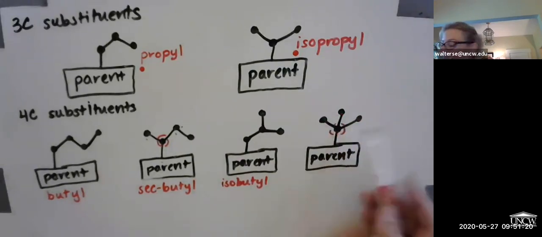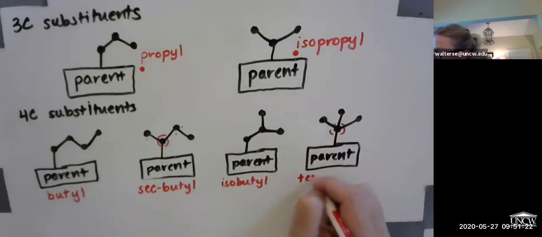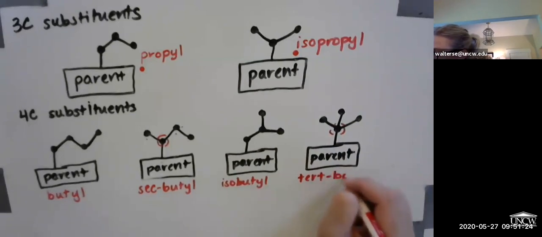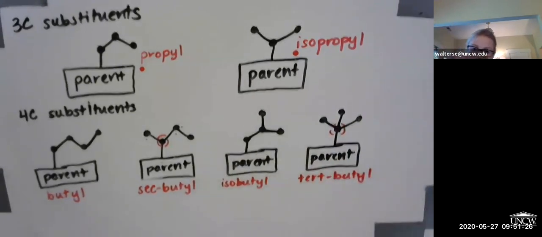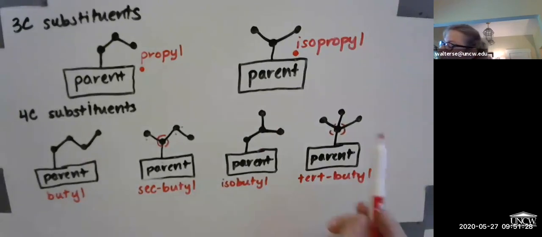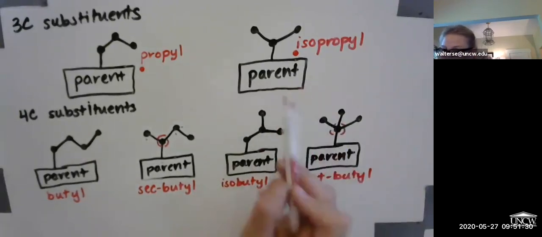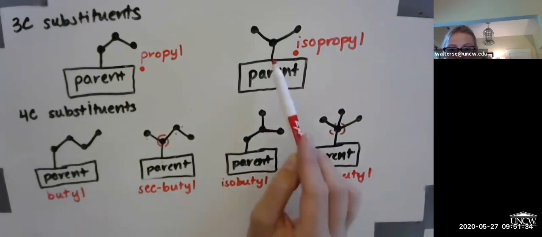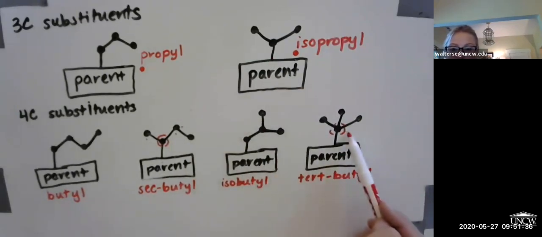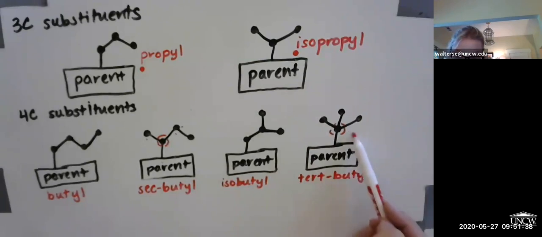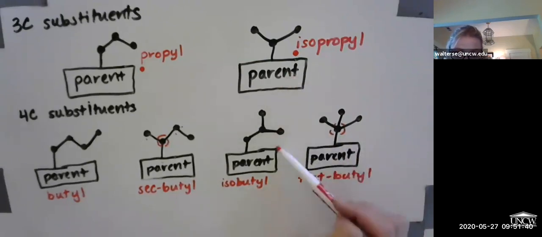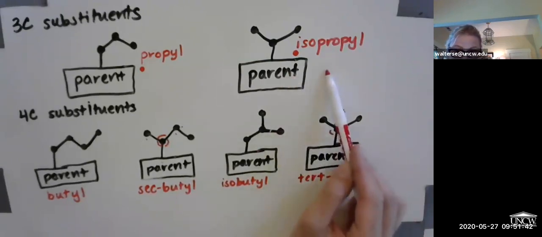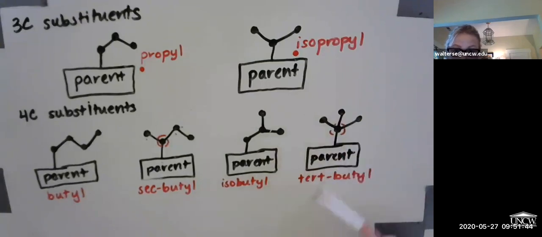So this is considered tertiary butyl. Okay. So if it looks like a Y shape, it's iso. This to me looks like a chicken's foot. So that's how I keep this one separate from these 2. If it's Y shaped, it's iso. Chicken foot, tertiary butyl, or tertiary group.